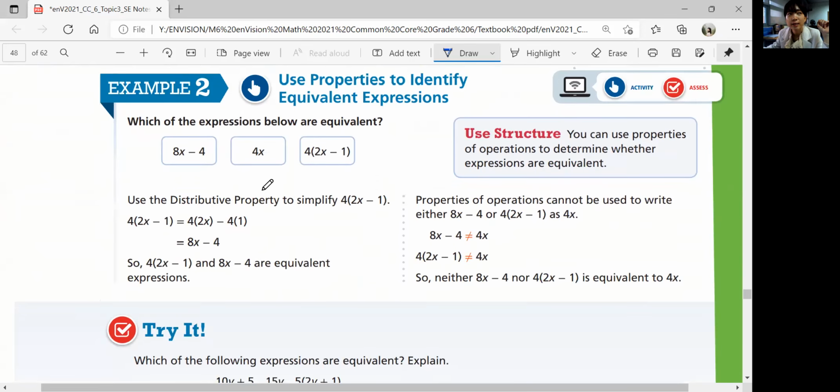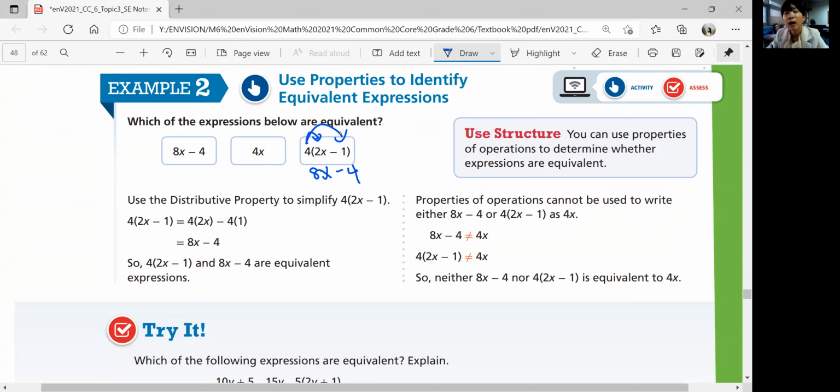All right, example 2. Using properties to identify equivalent expressions. Which of the expressions below are equivalent? We have 3 expressions below. 8x minus 4, 4x, and 4 times 2x minus 1. If you look at a parentheses, you could use the distributive property to multiply them out. 4 times 2x is 8x. 4 times negative 1 is negative 4.